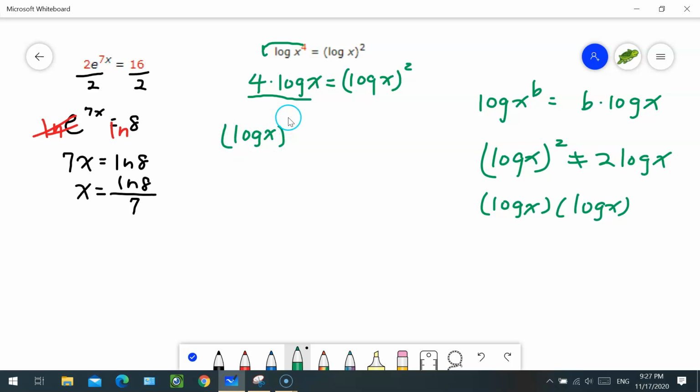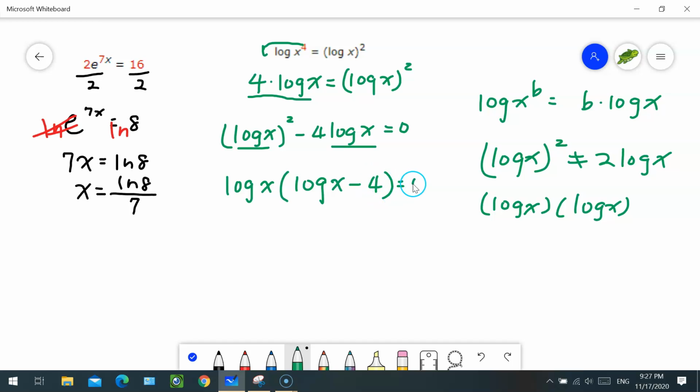And I put log x squared in the front, minus 4 log x equals 0. Now both of the terms have a common factor of log x. So I'm going to bring the log x to the front. And the first term, once the log x takes out the common factor, I still have the log x remaining here. Minus 4, close it, equals 0.